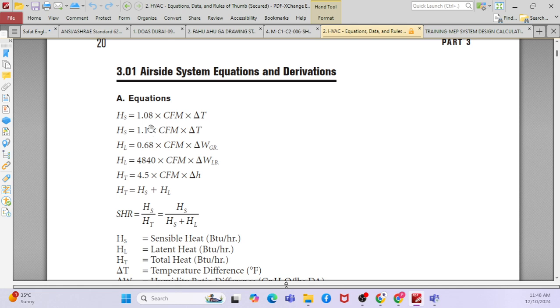But if you want to know how this calculation is arrived at, I can send you a video. Basically, you know that Q equals m Cp delta T. There is a specific heat, then there is a density.